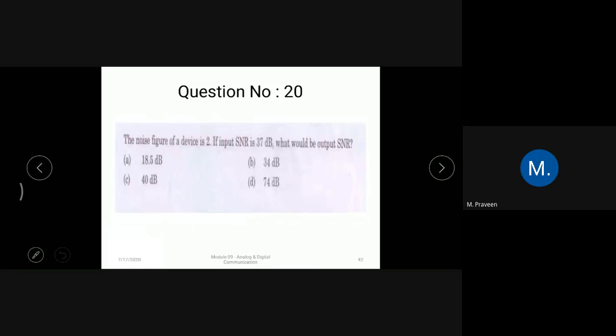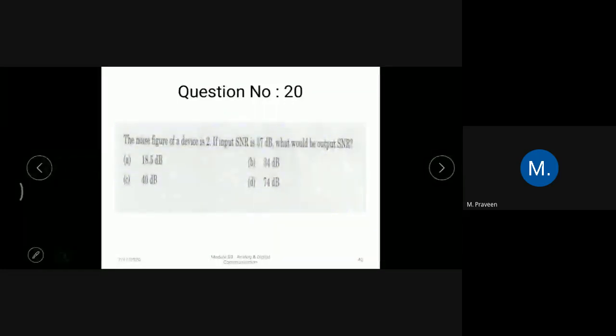Next, another interesting one. The noise figure is 2, input SNR is 37 dB. What will be the output SNR? It's a well known concept. Noise figure is equal to input SNR divided by output SNR. Input SNR is 37, so output SNR equals input SNR into noise figure, then 37 dB into 2 gives 74 dB.